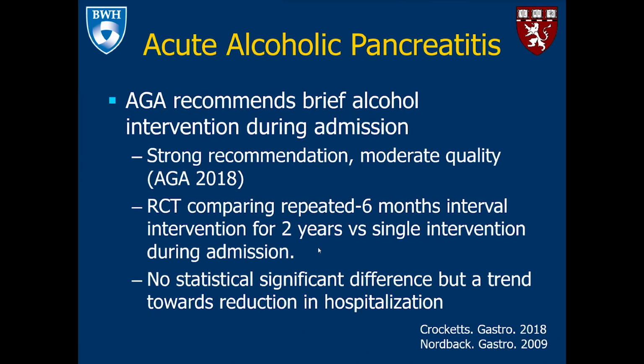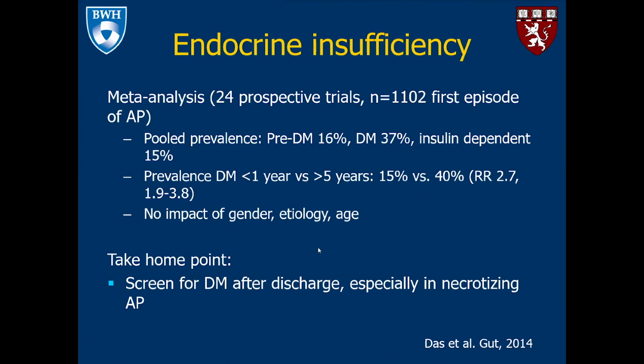And it showed no statistically significant difference, but a trend toward reduction in hospitalization in the single intervention during admission. So this one-time intervention when the patient is very sick seems to be as effective as multiple interventions. And so it's very important to do this.